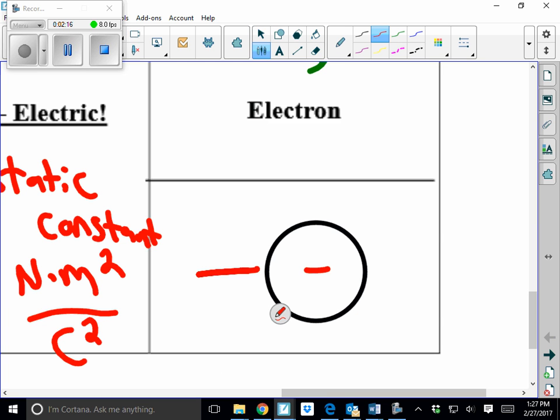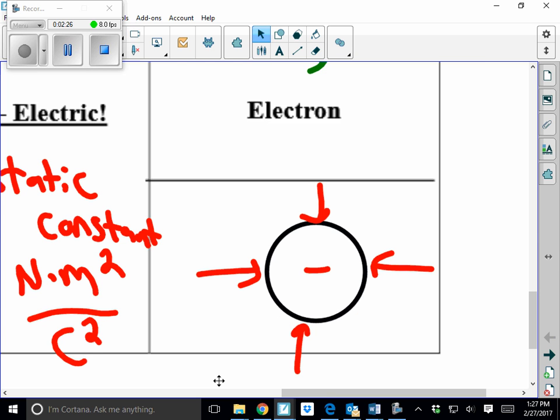So it always goes into electrons. Now these fields exert an electrostatic force on charges. And so that's what causes the electrons to actually move, because they are being pulled and pushed by the other auras around them.